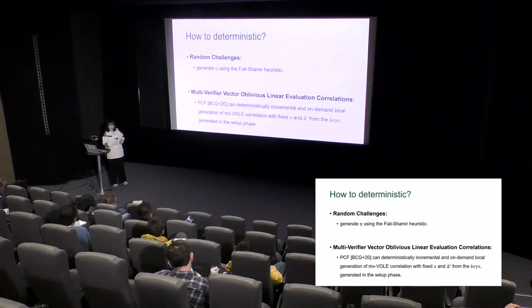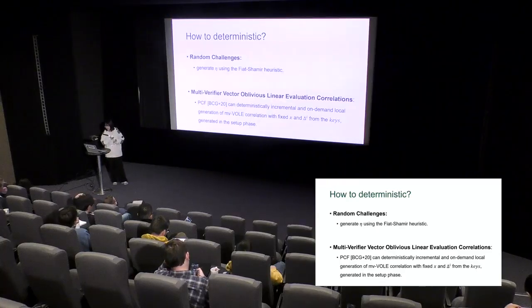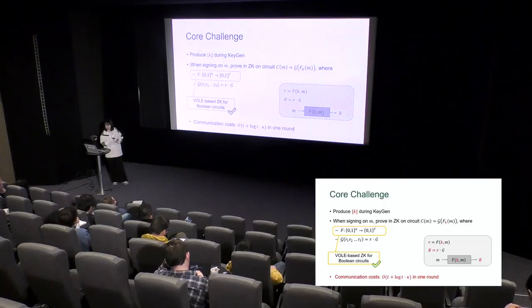Basically, the PCF function enables deterministic, incremental and on-demand local generation of correlations with a pair of short keys. So we prove the first part with communication cost of T in one round.